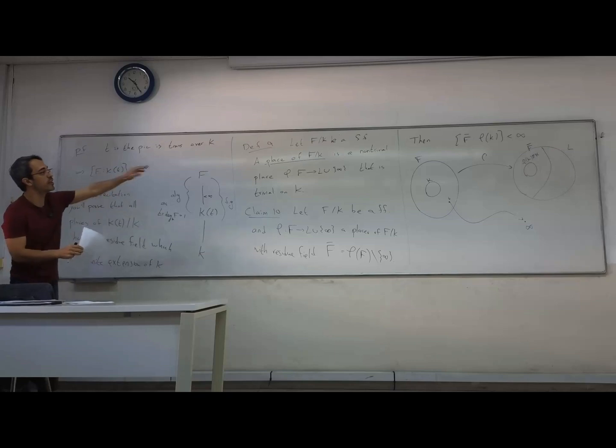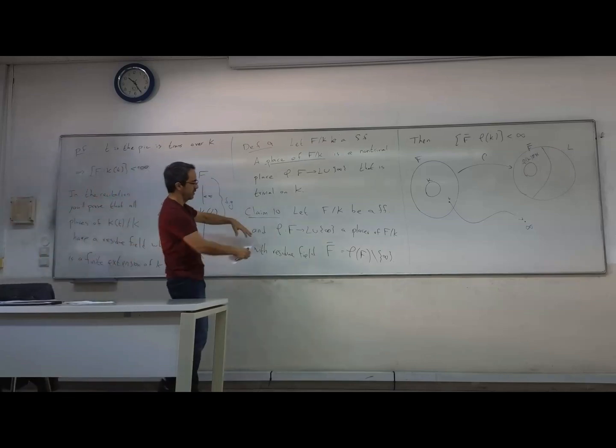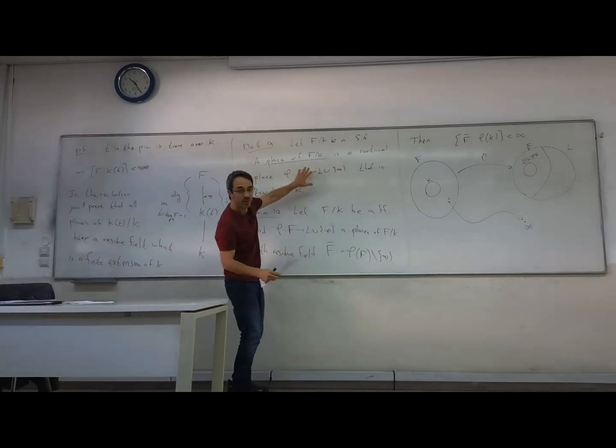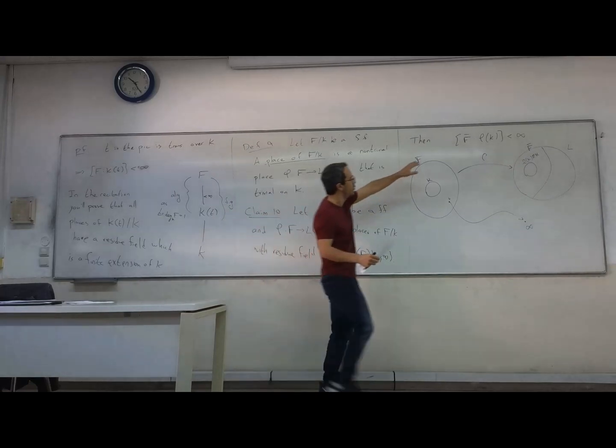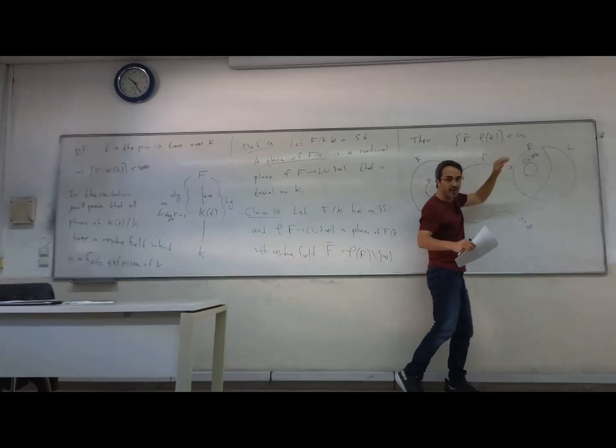That's what we want to prove for a general function field. We want to prove that, generally speaking, regardless of what the function field is, the residue field as an extension of k, or this isomorphic copy of k, is finite.